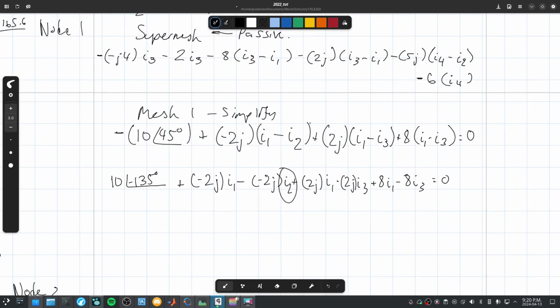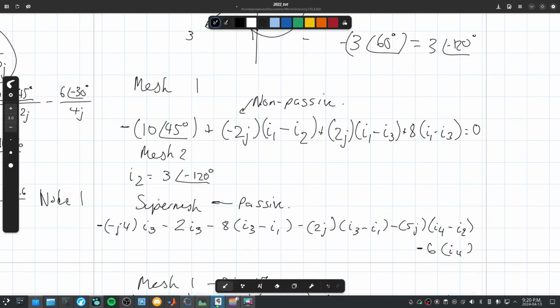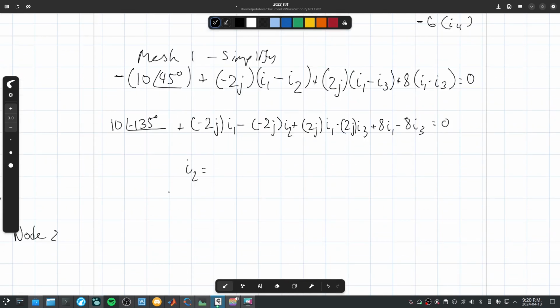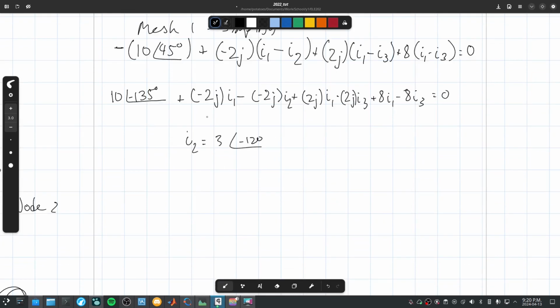Sorry. Remember that I2 is equal to 3 with a phasor of negative 120. Now we substitute that in. So let's also move all of the constants to the other side and collect like terms.